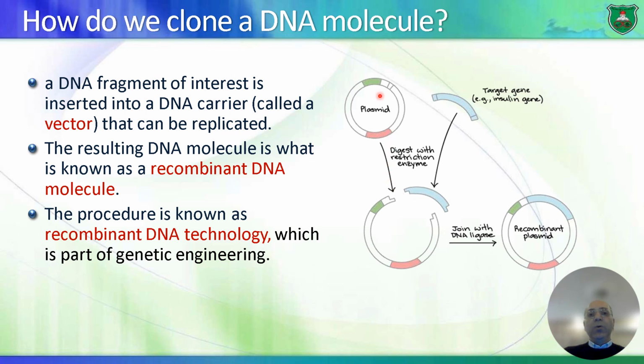Okay, so we open them up with a restriction endonuclease, we combine them with each other, we just put them together in the same tube, and we add a DNA ligase. And what happens is that these cohesive ends are complementary to each other, so they can hydrogen bond with each other. When we add a DNA ligase, the DNA ligase would form phosphodiester bonds between the two DNA pieces, and here we have a recombinant DNA, a plasmid DNA.